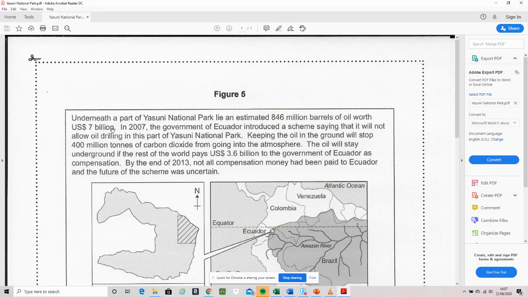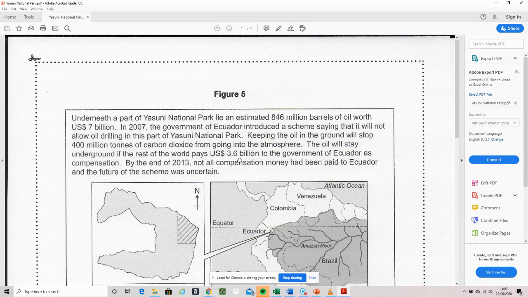It would have been worth 7 billion to them, but I dare say that the Ecuadorian government wouldn't have done any better than 3.6 billion in what they would have earned in revenue for that company, for example, like BP or Shell going in there and taking the oil out. So the Ecuadorians have done pretty well out of this. They've kept that particular national park intact, and they've also been paid to keep the oil underground.